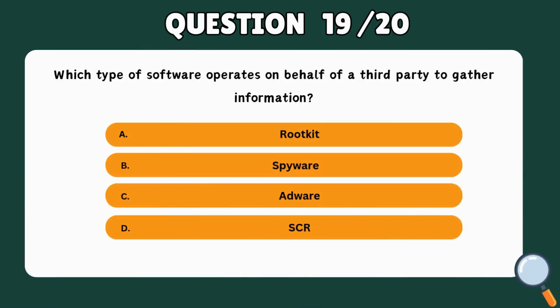Question 19. Which type of software operates on behalf of a third party to gather information? A. Rootkit. B. Spyware. C. Adware. D. SCR. Correct answer. B. Spyware.